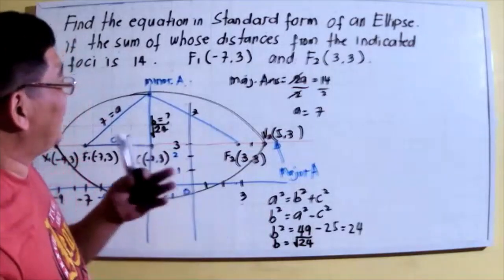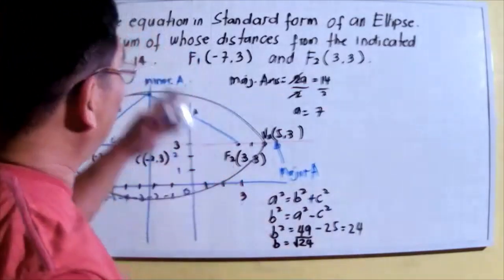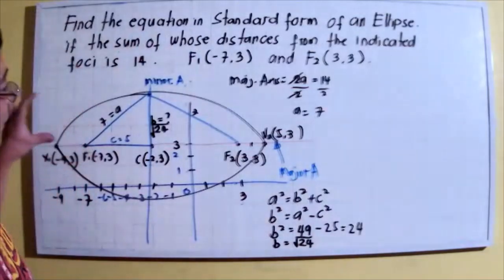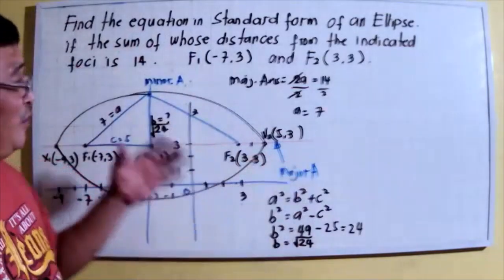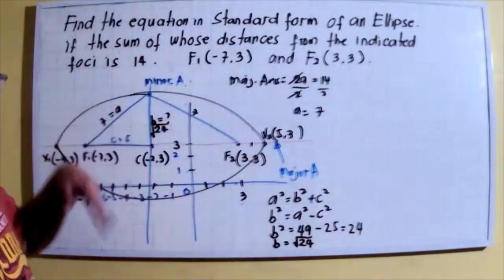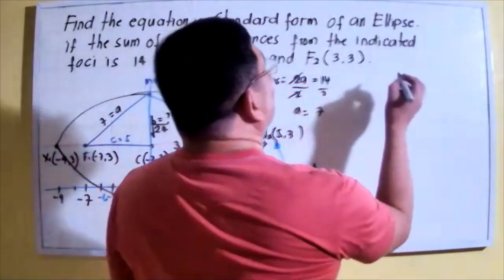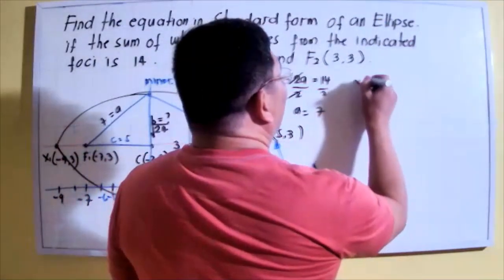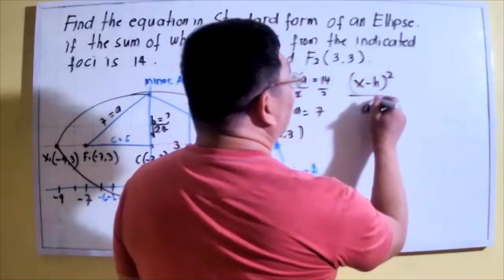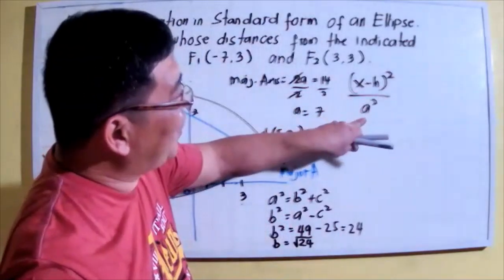Now, let's try to figure out the equation of this ellipse. Since the direction of our major axis is horizontal, parallel to the x-axis, we have the equation x minus h square over a square. Where is the a square?